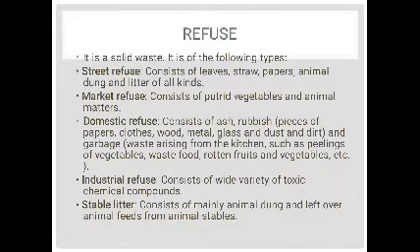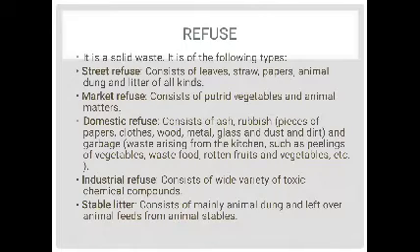It can be of the following types: street refuse, consisting of leaves, straw, papers, animal dung, and litter of all kinds. Market refuse consists of putrid vegetables and animal matter.